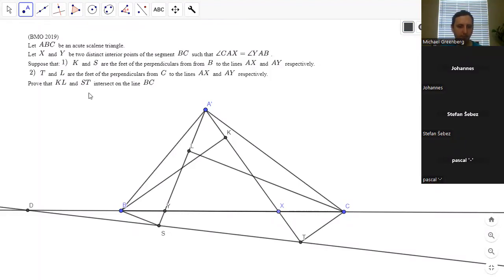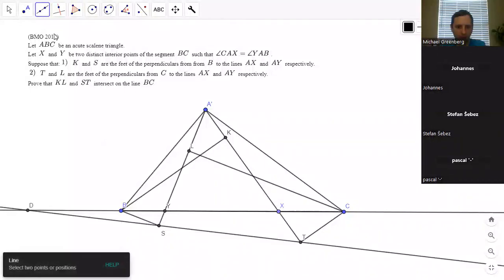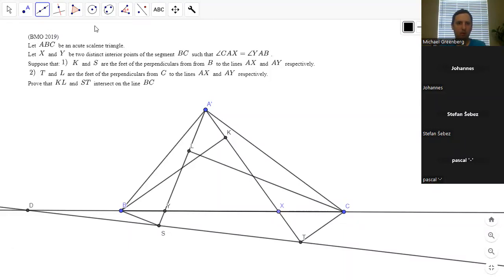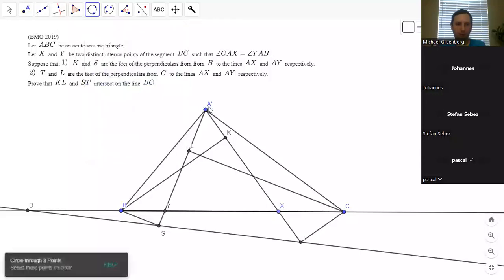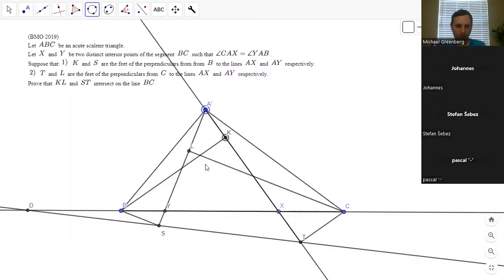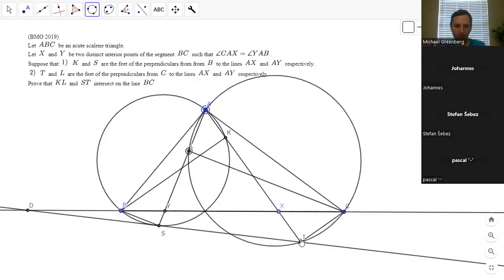So I'll draw the circles that we saw, but I don't even know if I really need them, but we'll see.